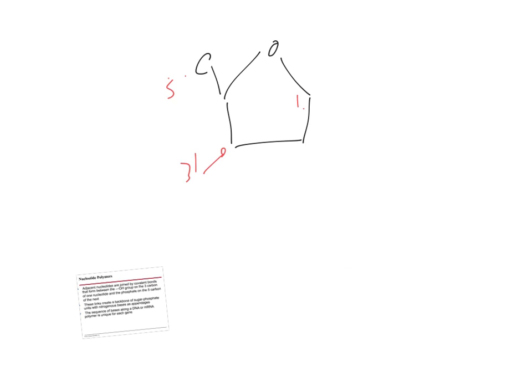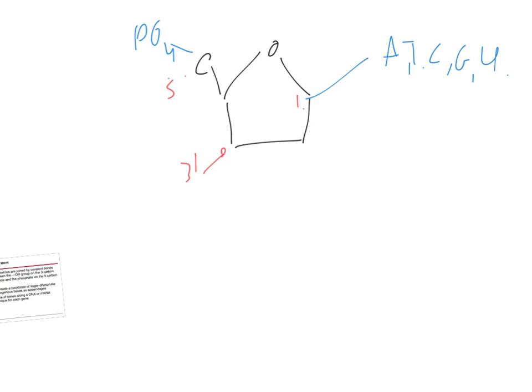Base over here, A, T, C, G, U, whichever one you want. And the phosphate's up here. Down here at this 3 prime OH, we have an OH coming off right there. To that 3 prime OH, we're going to add the phosphate group.